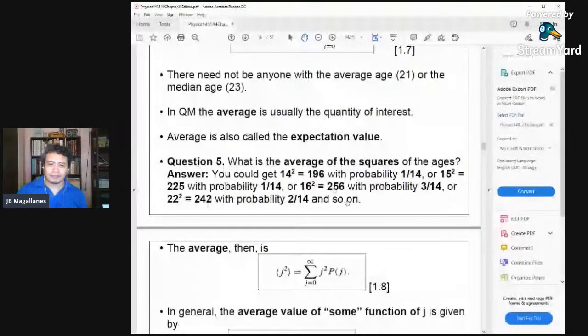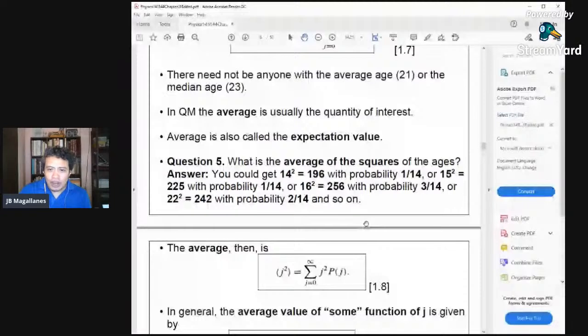Question: what is the average of the squares of the ages? Answer: you could get 14 squared with probability 1 over 14, 15 squared with probability 1 over 14, 16 squared with a probability of 3 over 14, and so on.